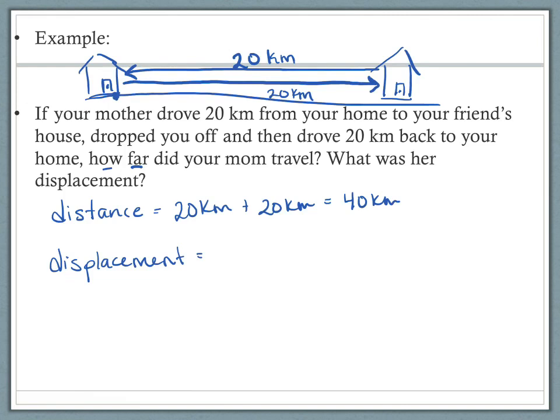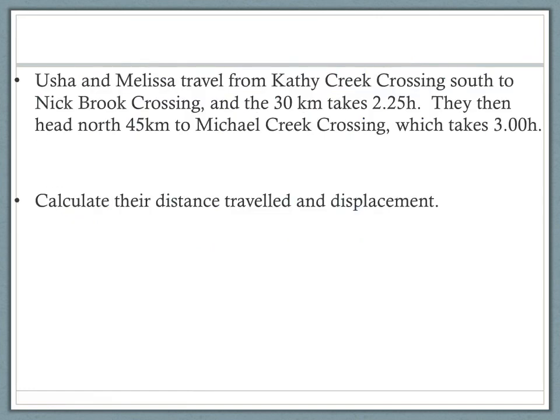So sometimes distance is a better measure than displacement. But there we go. Displacement is 0 kilometers because she ended where she started. Right? So such is life. That's that. All right, let's do one more example here.